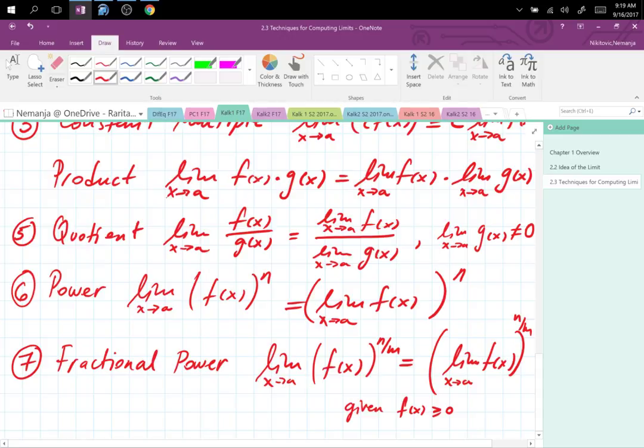It requires positive functions because you can't take the square root of negative values, right?